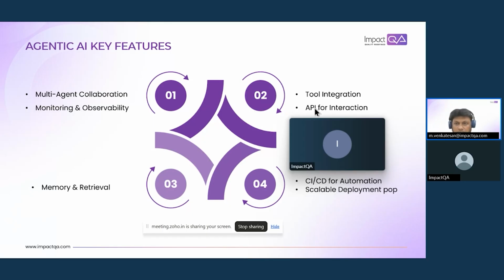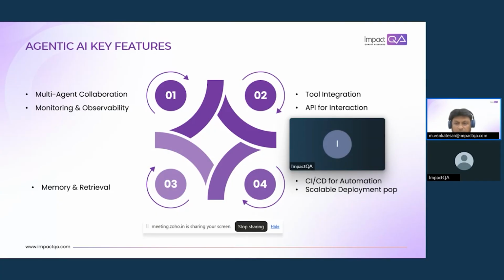So that's how we can utilize tools and APIs for interaction, and we can access memory and retrieval through that. And we can implement continuous integration and continuous development for automation. Whatever you are doing in test management or defect management with various tools can be leveraged and enabled through this CI/CD for automation.